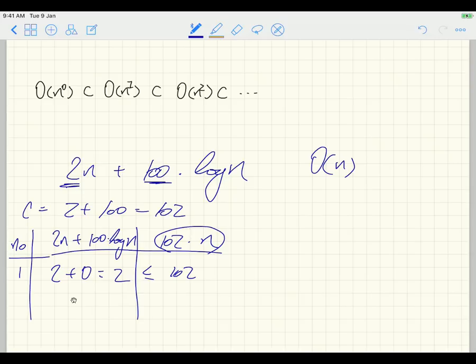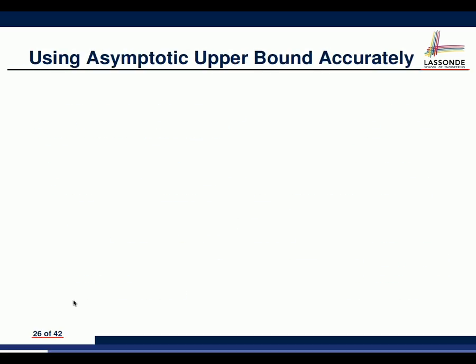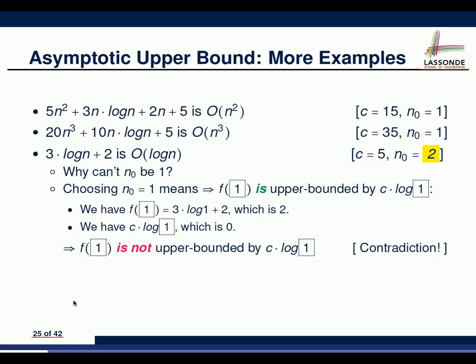And what about here? That's 102. So we do have it. So it's not always the case that if there's a log, then n0 cannot be 1. That's why you really have to draw this table and check it. In this case, we do have the upper bound effects. So if you go back to the slides, you can have n0 being 1.